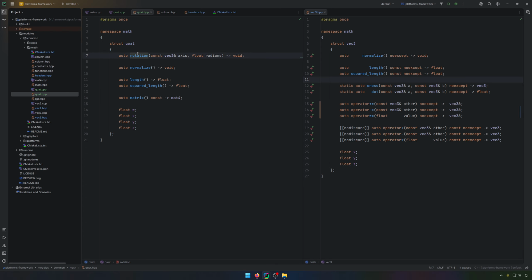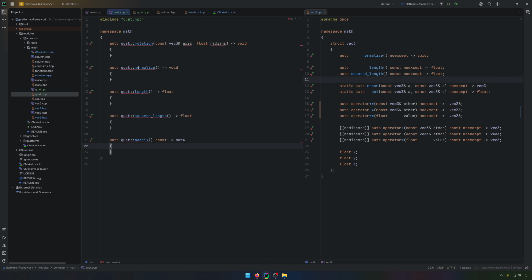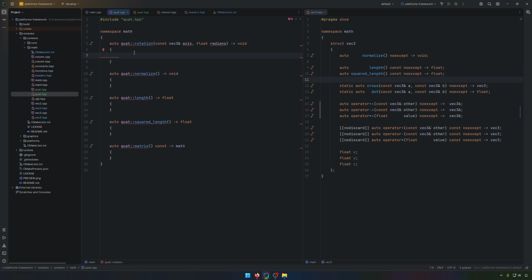So let's try to generate these functions. Okay, that's very simple. So we will start with the rotation. Why not? Like I said, these will have some axis. You choose on which axis to rotate, and the angle that you want.